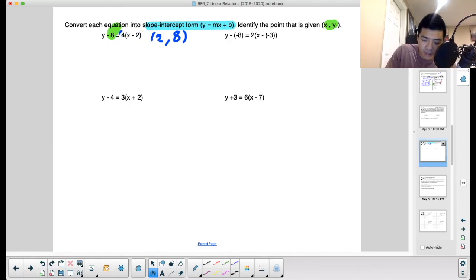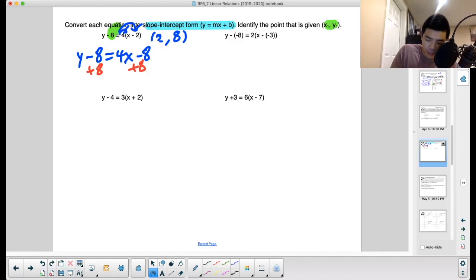So you have y minus 8 is equal to 4x minus 8. I'm going to add 8 to both the left and the right sides, and I am left with y is equal to 4x.